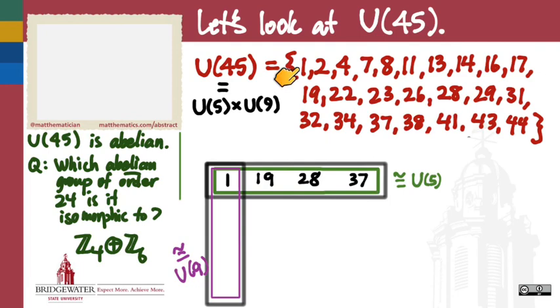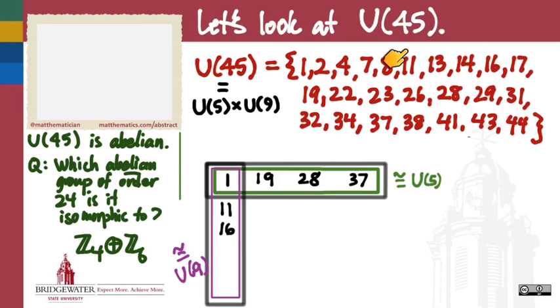We can find that by skip counting by 5s, starting at 1. So 1 is an element. If I go up by 5, I get 6, which is not an element. Up by 5 again, I get 11, which is. Up by 5 again, I get 16, which belongs.